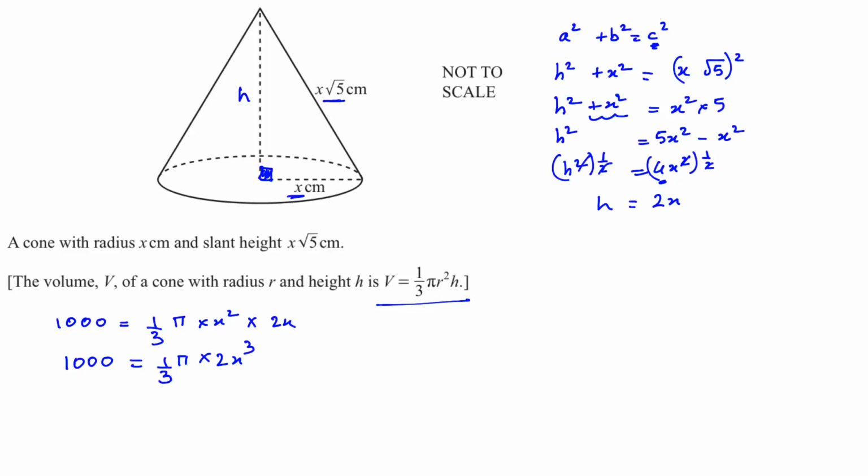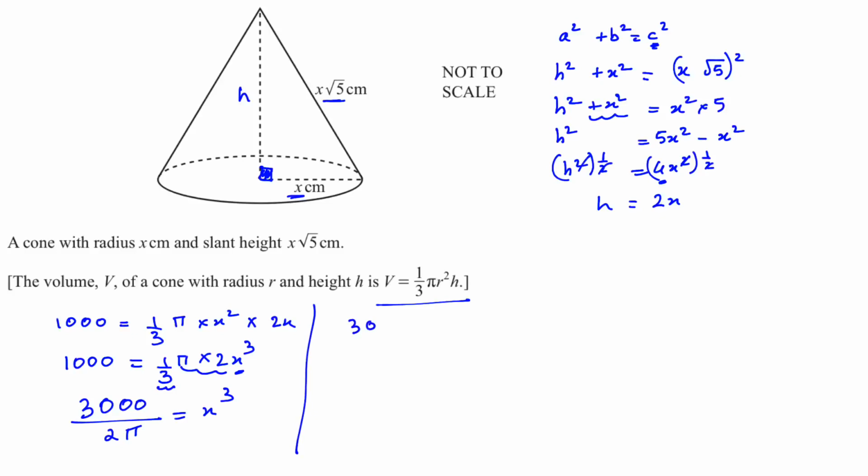When we multiply variables, we add the powers. We have to make x the subject. So I'm going to move the 3 to the other side. It will become 3000. Whenever in the denominator you move to the other side, we put it in the numerator. So 3 multiplied by 1000, 3000. And we are going to divide by 2 pi. That will give us x cube.